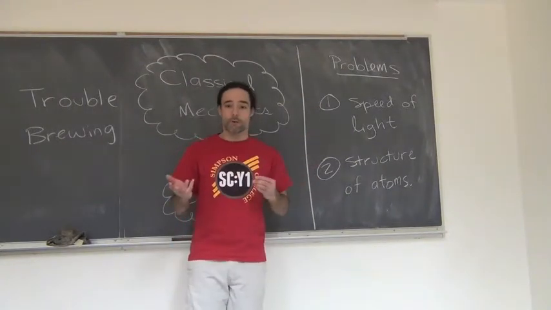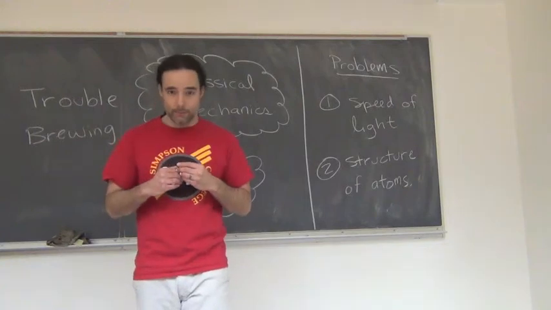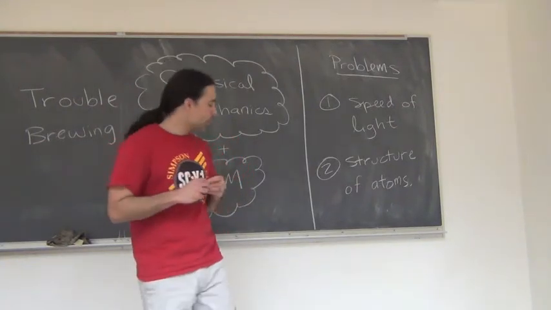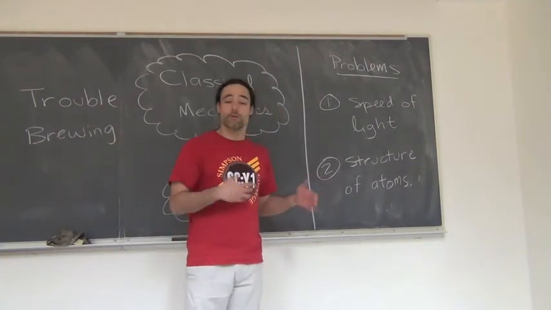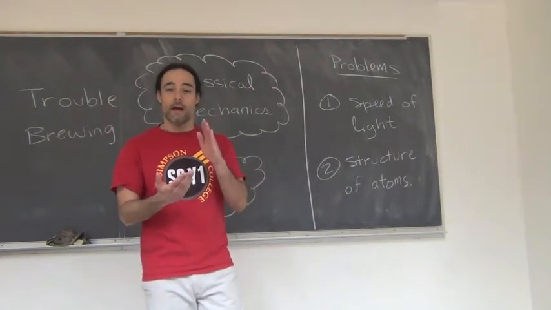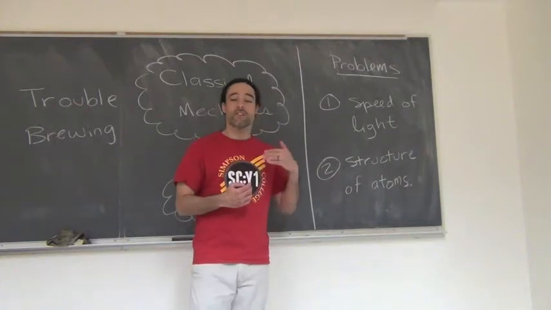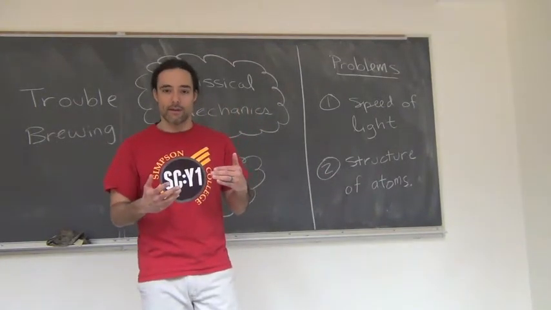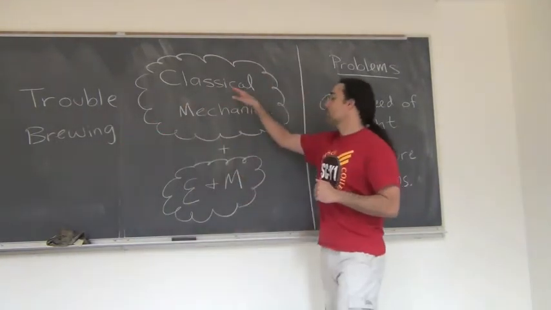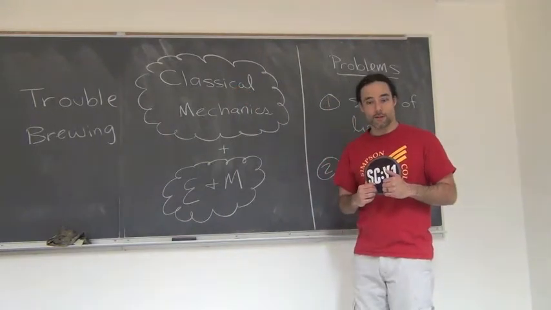The other main problem around 1900 was the structure of atoms. So at this point, scientists, or at least most scientists, believe that there are atoms, and people started to examine the properties of atoms in the context of classical mechanics and electricity and magnetism.